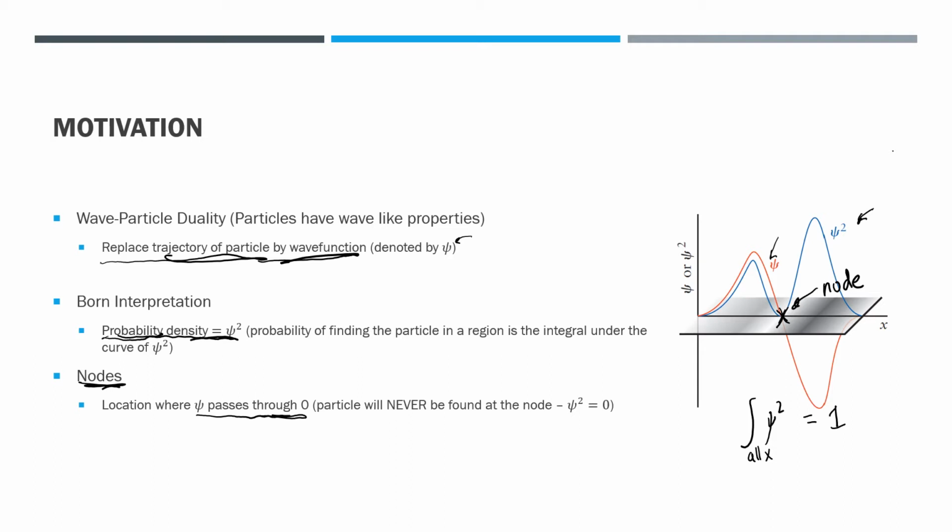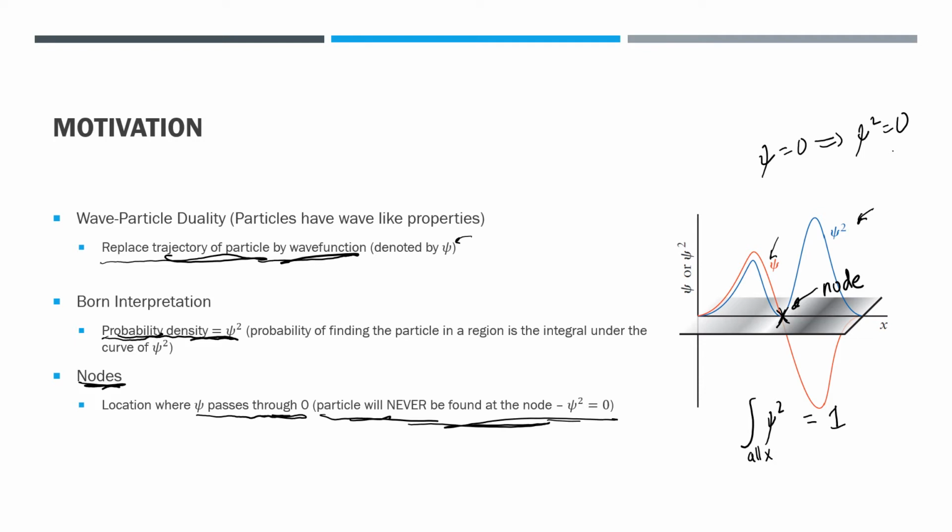Also note that if psi is equal to 0, this means that psi squared has to equal 0. And if psi squared is our probability density, what does that mean? That means there should be no chance of the particle being found at the node. So that's another really important point: the particle will never be found at the node because psi squared equals 0.